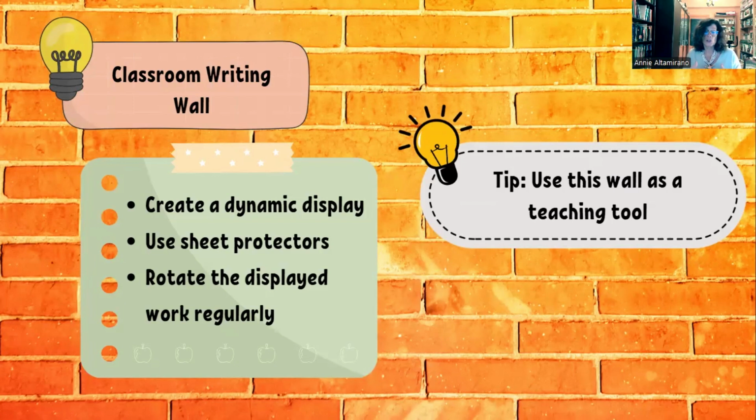Encourage students to display not only their own work, but also work that they admire from their peers or published authors. Rotate the displayed work regularly to keep it fresh and engaging. And this creates a living, breathing showcase of writing that evolves through the year.